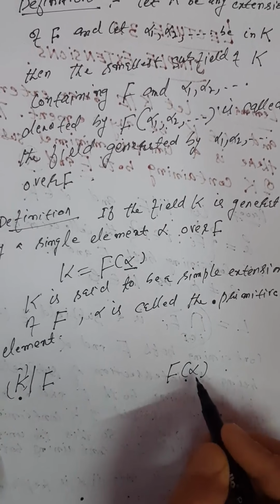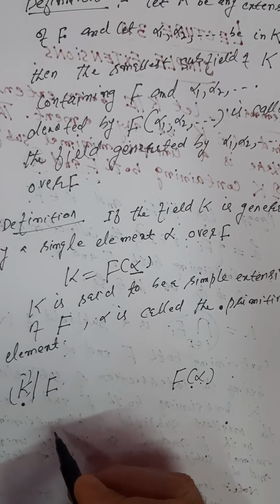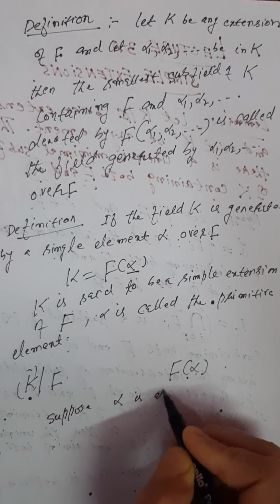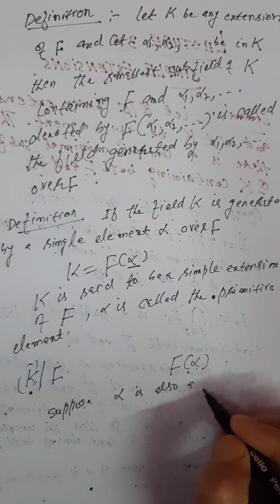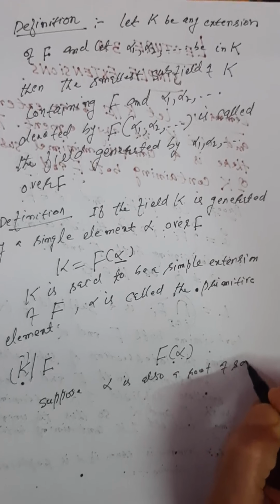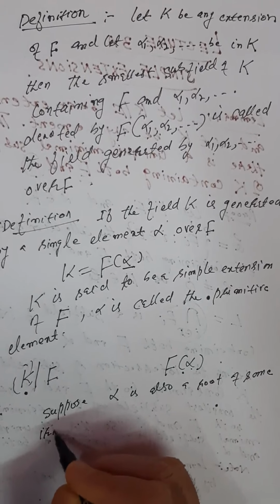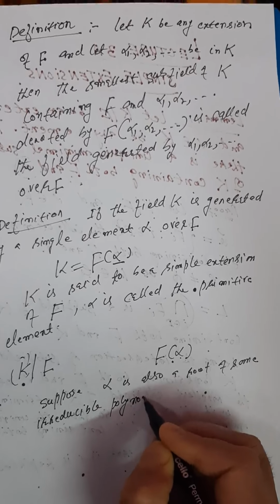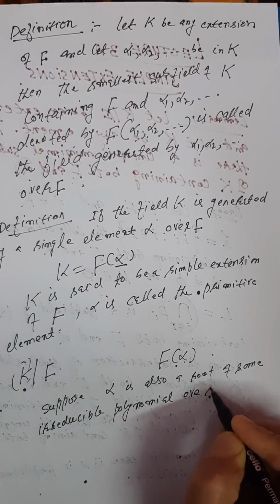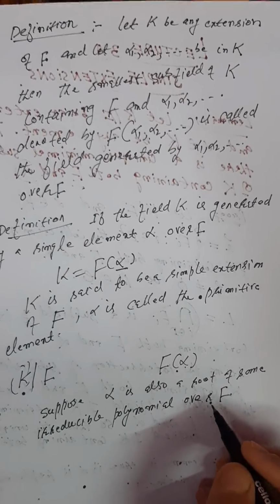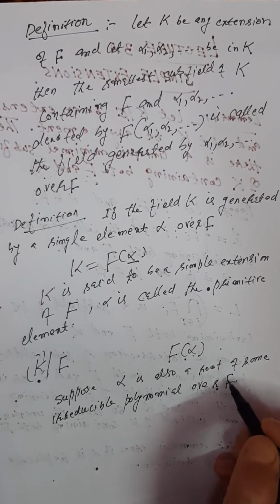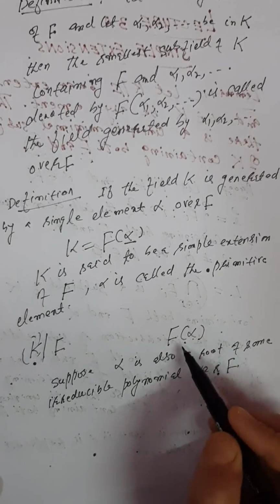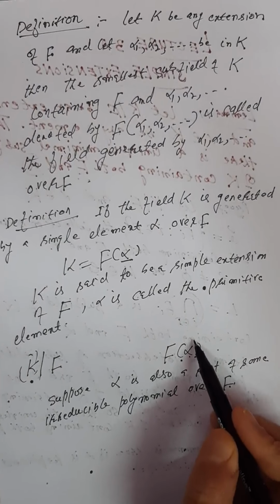Now suppose this alpha is also a root of some irreducible polynomial over F. Then, as we have seen in our previous lectures, there exists an extension of this field F containing this root alpha.